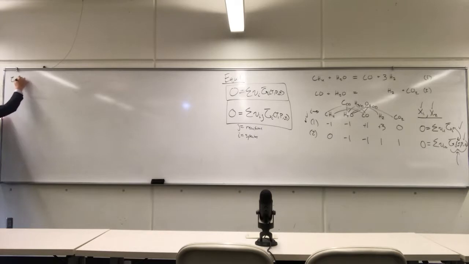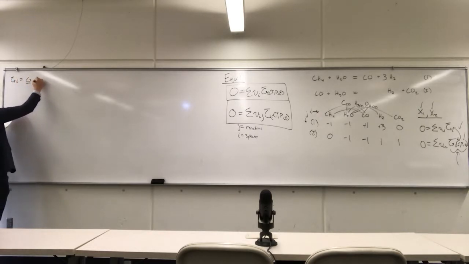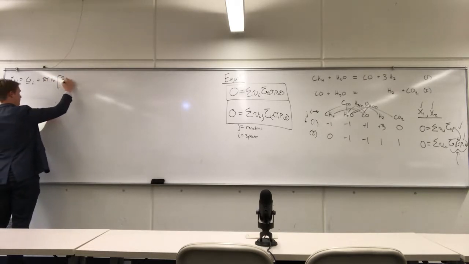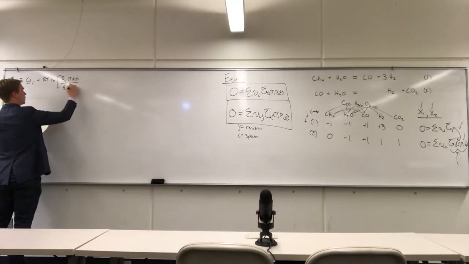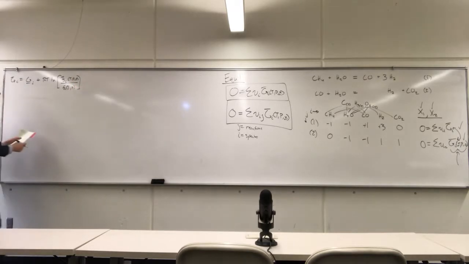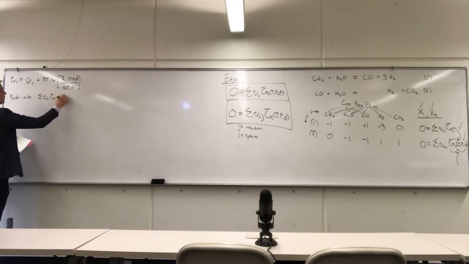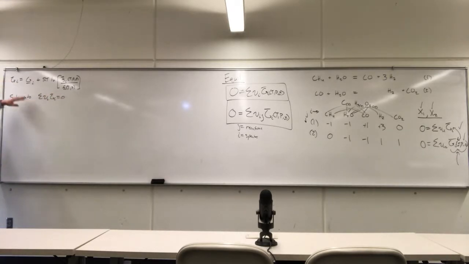If we can write our partial Gibbs as Gibbs of the pure species plus a correction factor from the fugacity, we'll substitute this expression into here. We'll do a little bit of rearranging. Let's see, I'll skip one step.